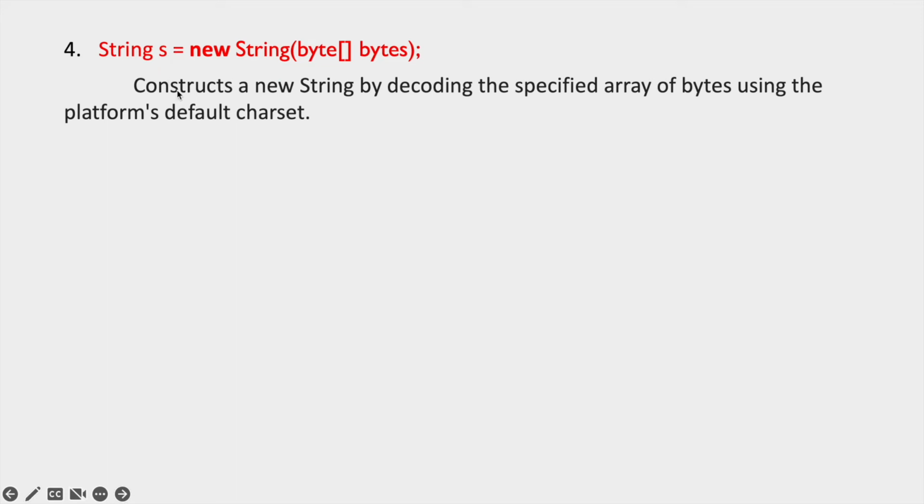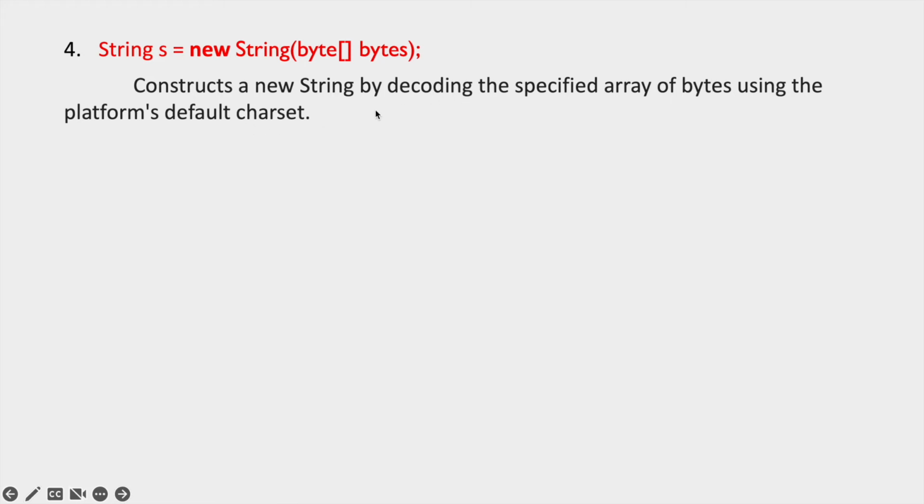This constructor is used to create a new string by decoding the specified array of bytes using the platform's default character set. Whatever data is available in the byte array will be converted into the respective characters and created as a string.